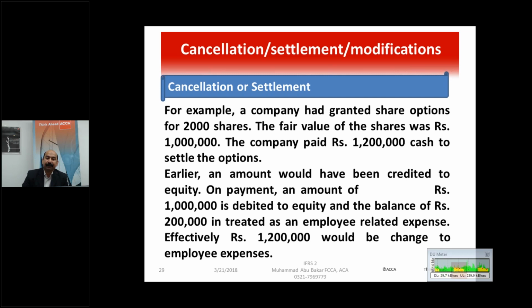Earlier, an amount would have been credited to equity. On payment, an amount of 1 million is debited to equity and the balance 200,000 is treated as an employee-related expense. Effectively, 1.2 million would be charged to employee expense. This is cancellation, settlement, or modification. Simply, if you are paying more, that will become your expense.